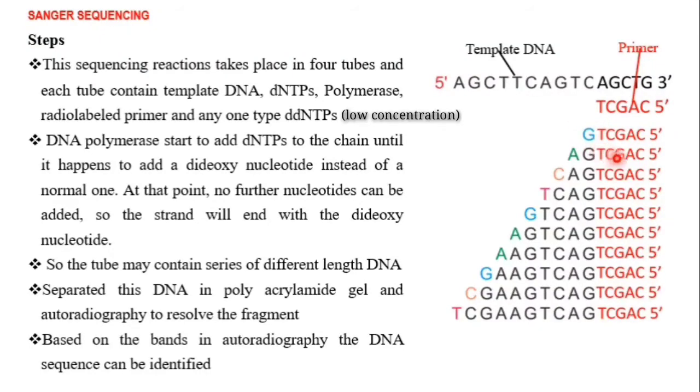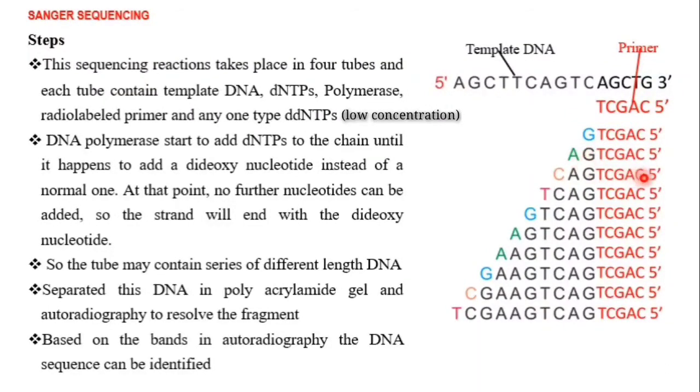In this chain, first one guanine nucleotide was added, and this guanine was a normal one, so this allowed the next nucleotide to be added. But this A is a dideoxy, so it is not able to add the next nucleotide, so this chain is also terminated.